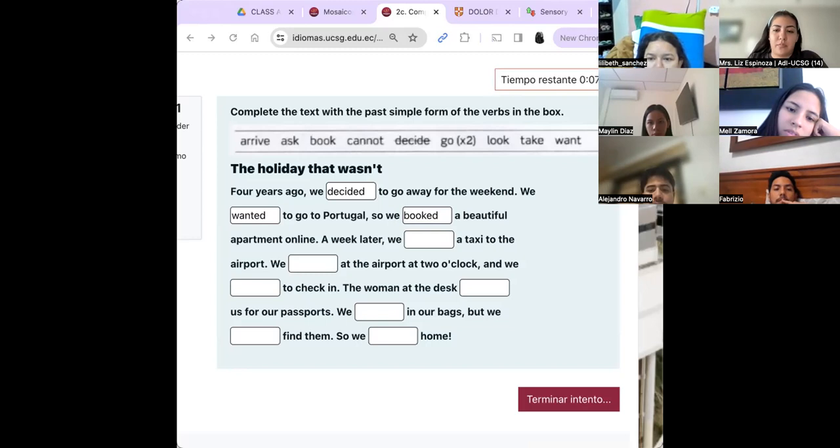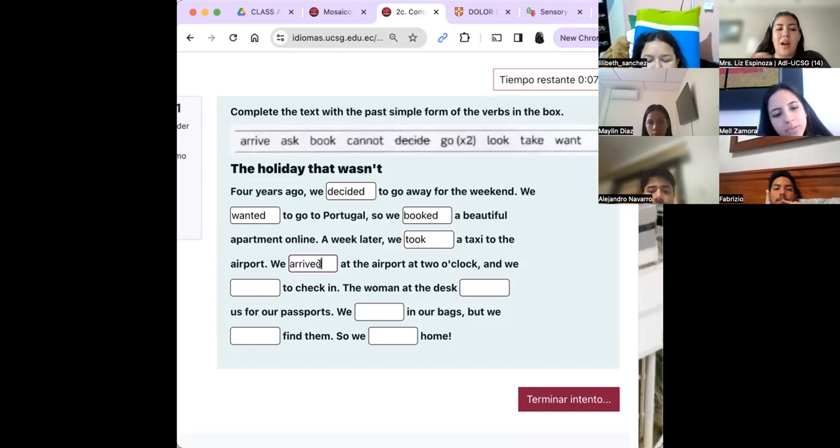We took. Let's see. We took a taxi. Then we at the airport at 2 o'clock. Arrived. We arrived at the airport at 2 o'clock.